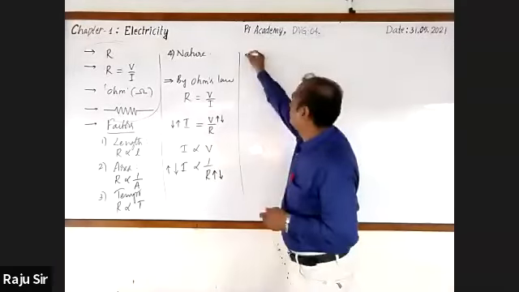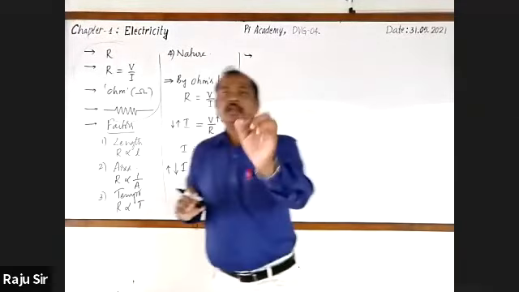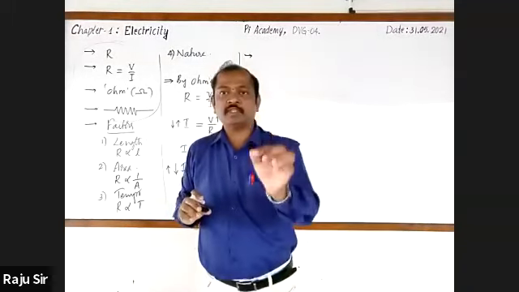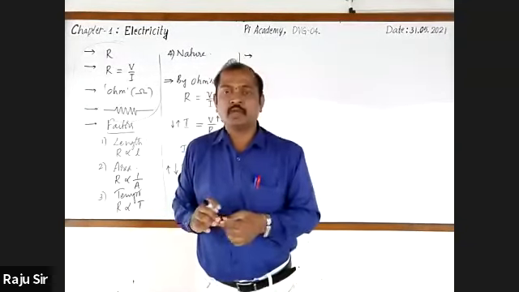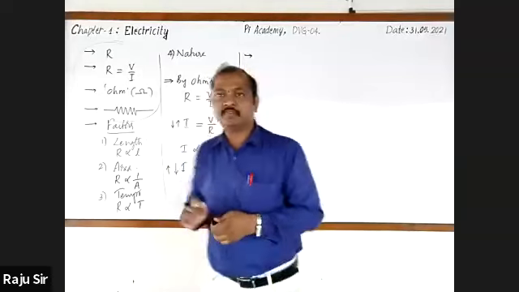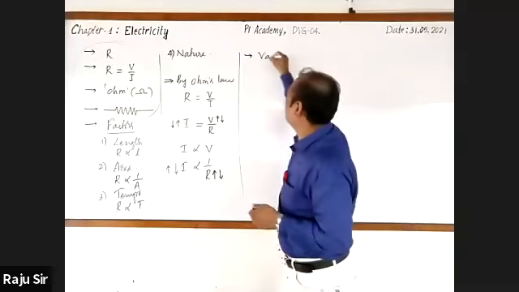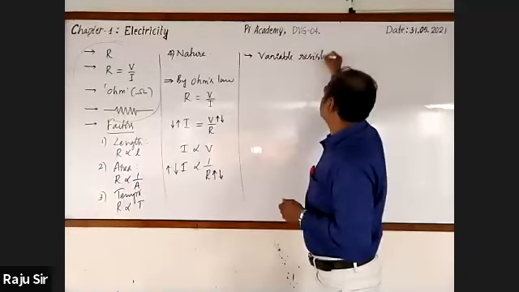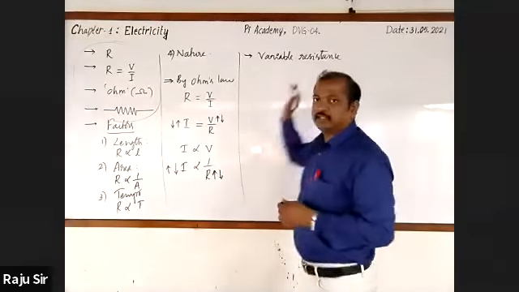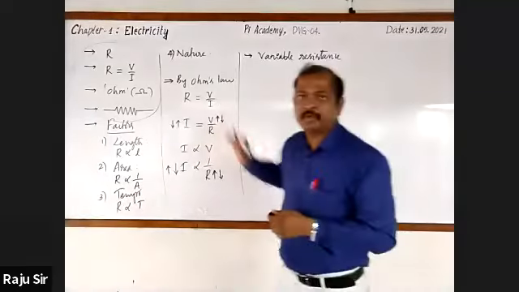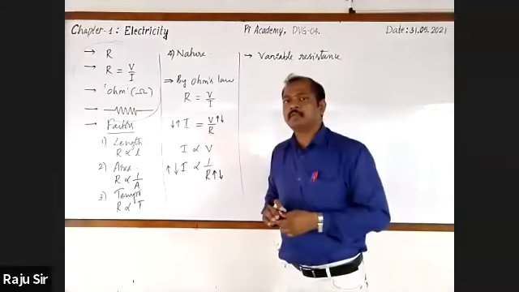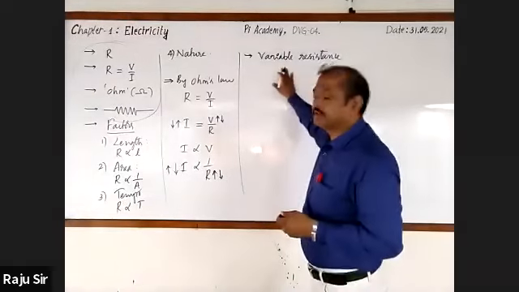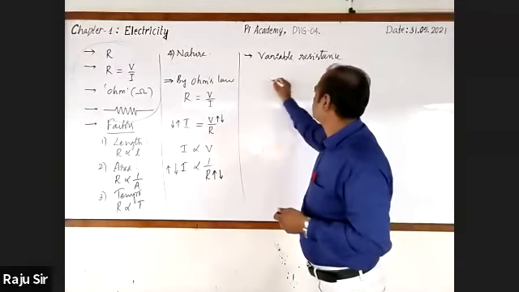Once I repeat the term, the component which regulates, which varies the electric current in the circuit without changing the potential difference, it is variable resistance. Please don't go for copying anything. Just keep on observing. Variable resistance. You also know the circuit symbol to represent the electric variable resistance.